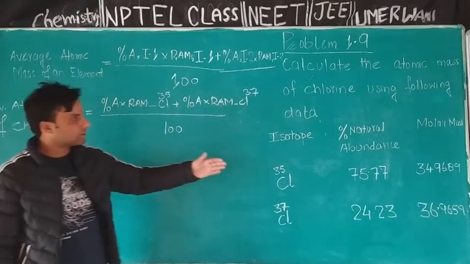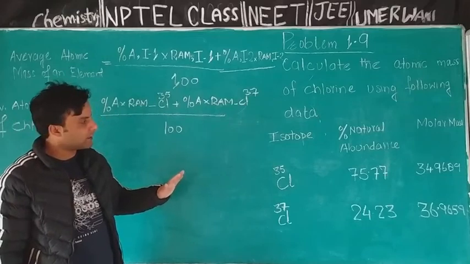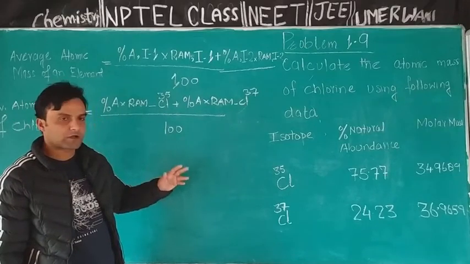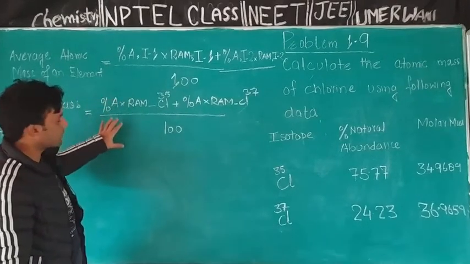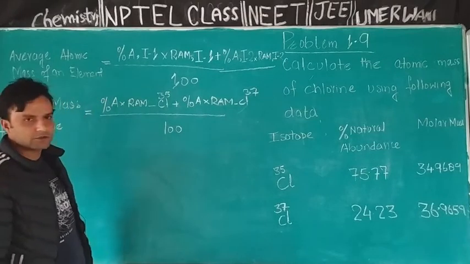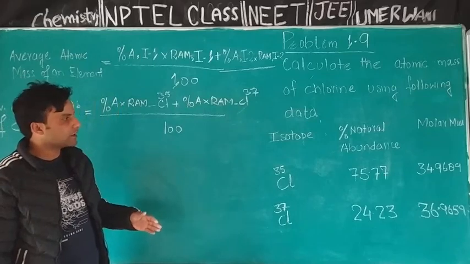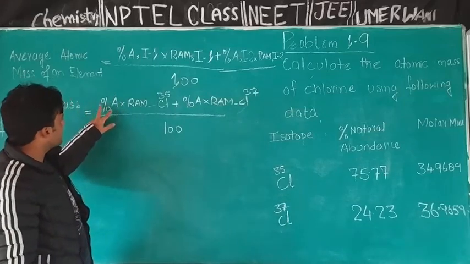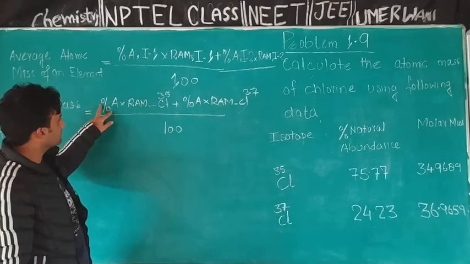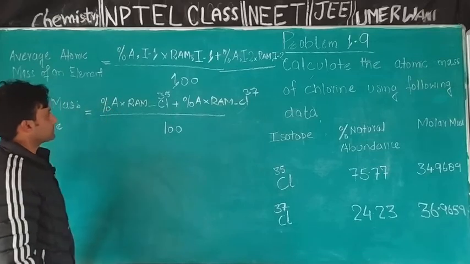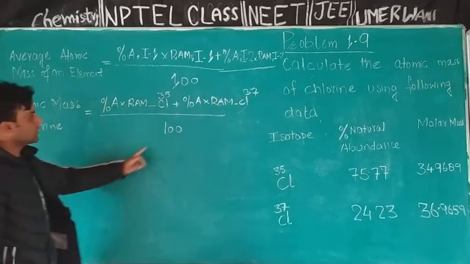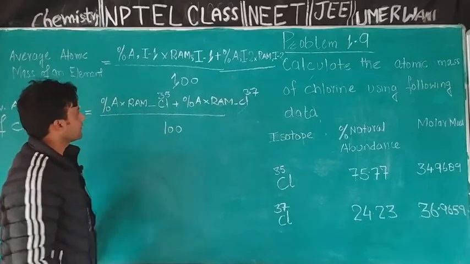Since in this question abundance is given in terms of percentage, I used the formula with percentage abundance. If in any other question you are given fractional abundance, then you need not divide by 100.